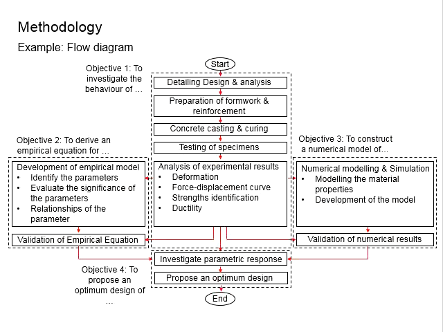For example, for the experiment, you will be able to see the crack patterns and the failure modes. You will also be able to observe the data and the response of the specimens, probably in the form of the deformations, the strength, the ductility, and so on and so forth.